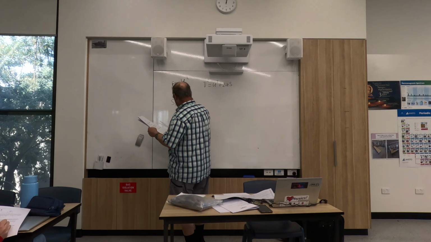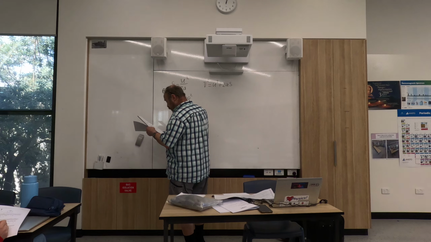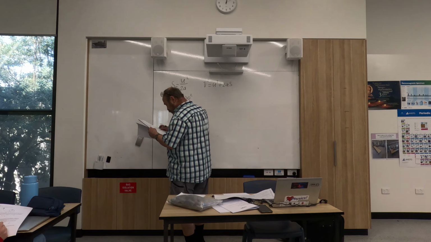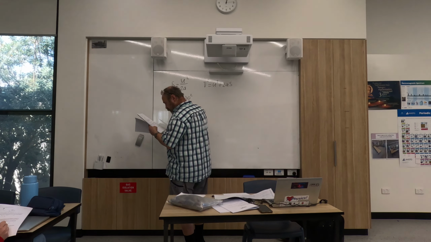So we have S1 equal 30 squared over 2A. We have S2, which one was first, 50, let's say this is S2, S1 is 50 squared over 2A.